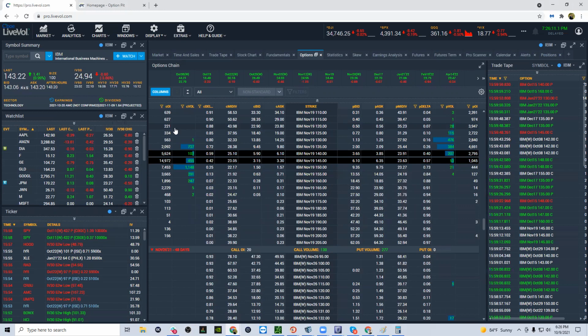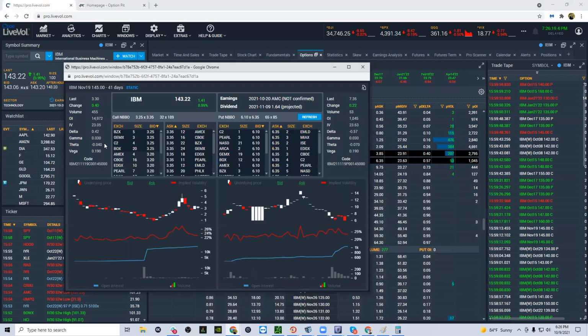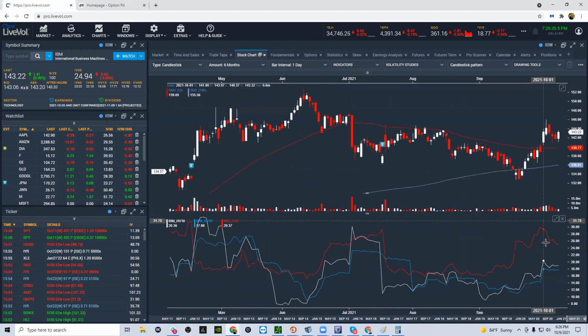Now, there's one more piece to this puzzle, and this is the part where years of experience comes into play. And that is options have Vega. In this case, the IBM option has 19 cents of Vega. If this is, say, a post-earnings move, we can look at a volatility chart, which I use all the time, and figure out how much volatility is going to fall.